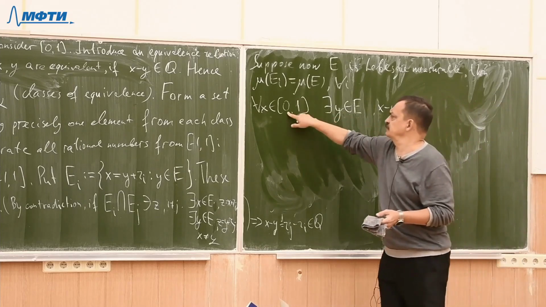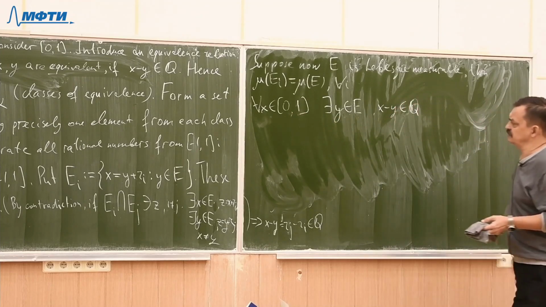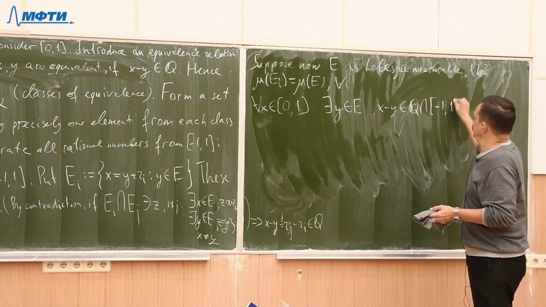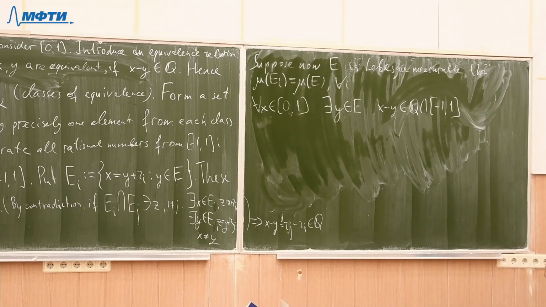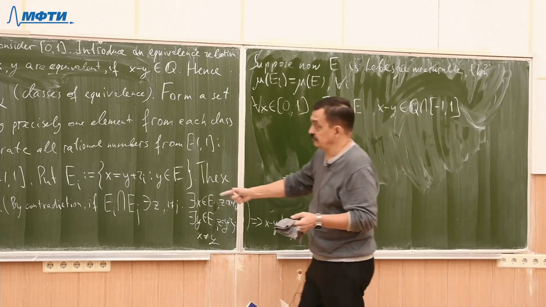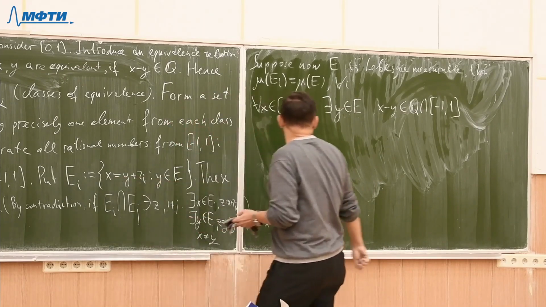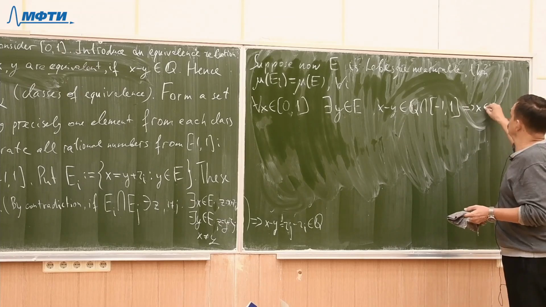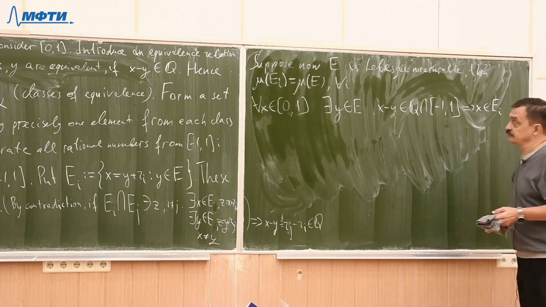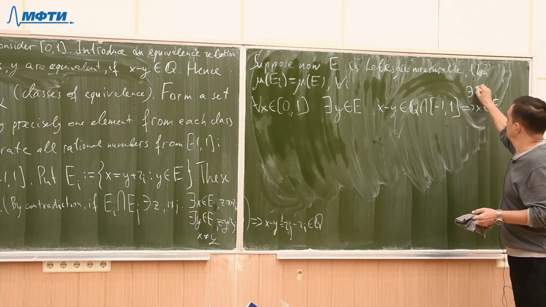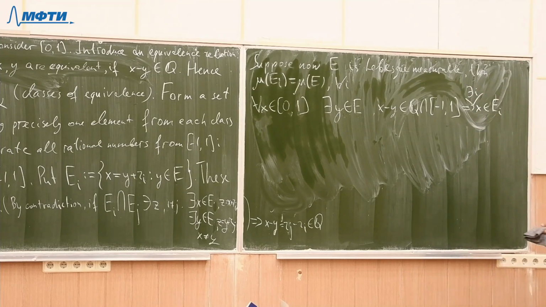Both X and Y are in [0,1], so the difference belongs to [-1,1]. Hence, X minus Y equals r_i, and it means that X belongs to E_i for some number i.